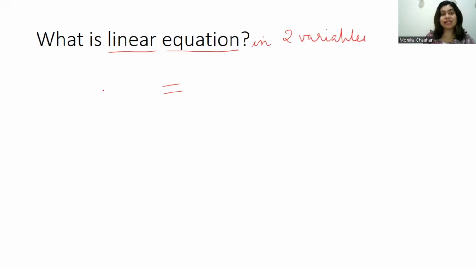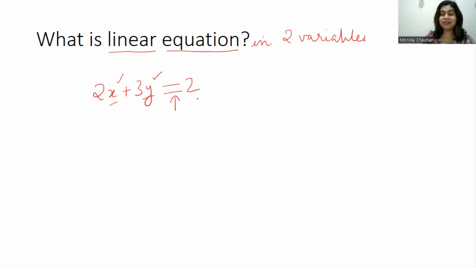It looks like this: 2x plus 3y is equal to 2. Don't you think it actually says the same thing? It is linear, yes, because the power of the variable is 1 in both cases. It has two variables, x and y. Then it is an equation because of the equal to sign. So it is a linear equation in two variables.